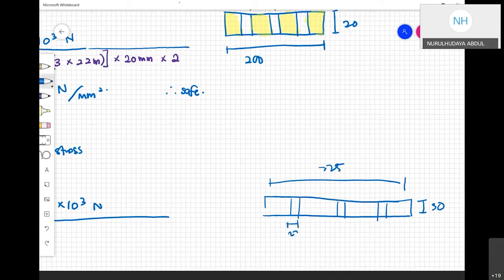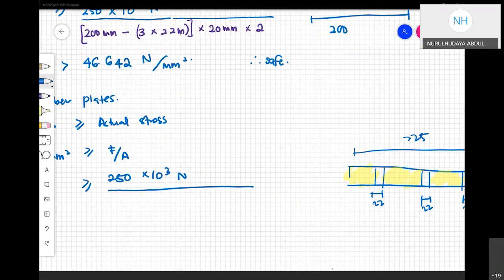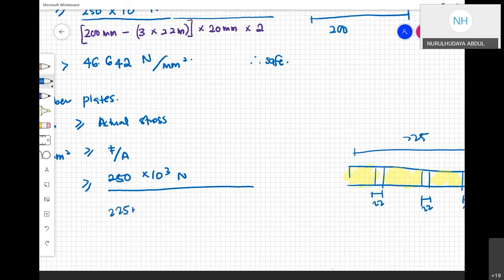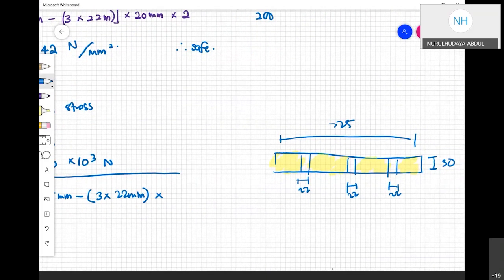And we know that hole masih sama, macam mana pun hole punya size is always 22 diameter. And we need this value. Kita nakkan area ni. Simply cara sama, so 225 mm. Okay, bukan lagi 200 because of this is member plate. So ikut member plate punya lebar lah. Minus 3 darab 22 mm diameter of hole and darab dengan the thickness of member plate which is 30 mm.